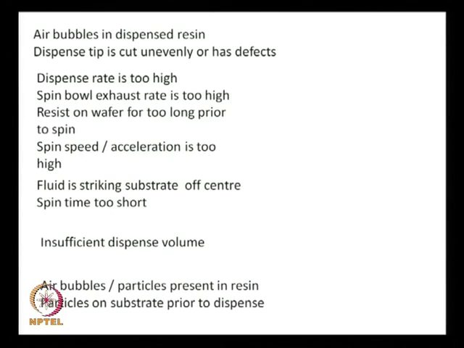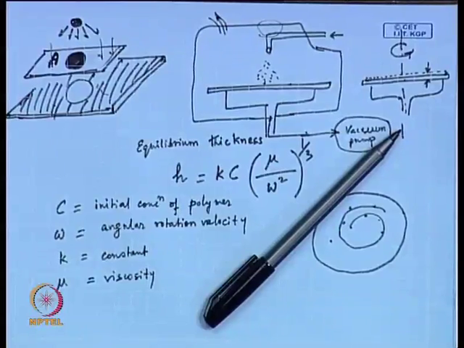Then, insufficient dispense volume. If the volume that is dispensed at the center is insufficient, you are expecting a coating of certain thickness. You have already decided an equilibrium thickness. You know that this is the speed, and at this viscosity, I can expect this to be the equilibrium thickness. And if this is the equilibrium thickness, you need to calculate what should be the volume of resin you must have.